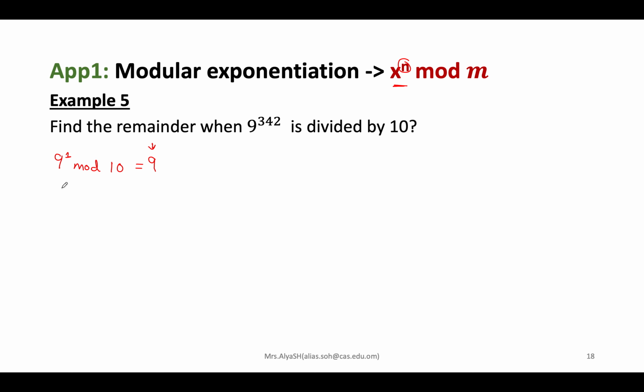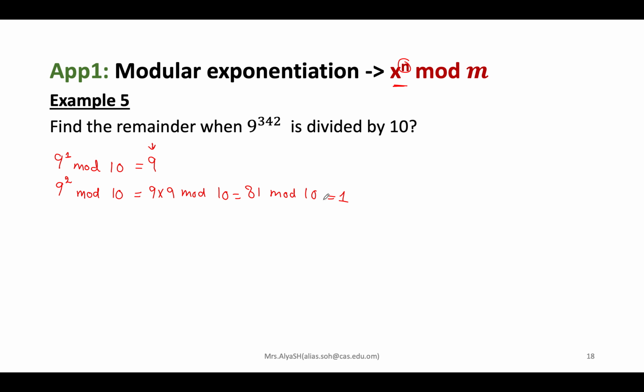Okay, now we will go for the next, which is 9 to power 2. Now 9 square mod 10 is equal to 9 times 9 mod 10, equals 81 mod 10. And when I divide 81 by 10, I'm getting a remainder of 1.